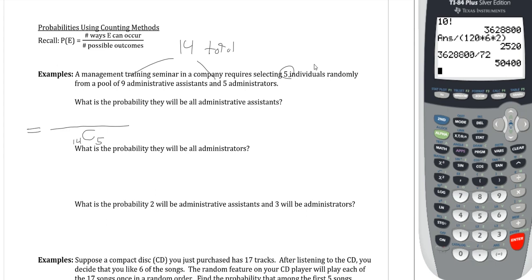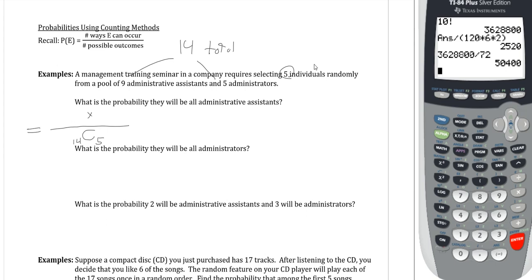On top, I'm going to say how many ways I can have all administrative assistants. To focus on that further, all administrative assistants means that I have 5 administrative assistants and 0 administrators. I am going to do both of those. And notice that I use the word "and" in the middle. That means I'm going to be multiplying.